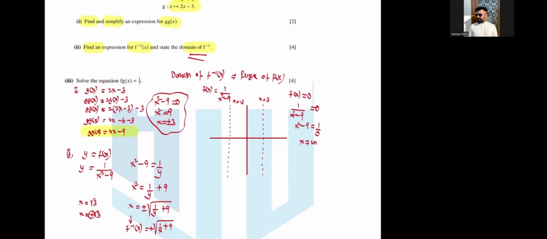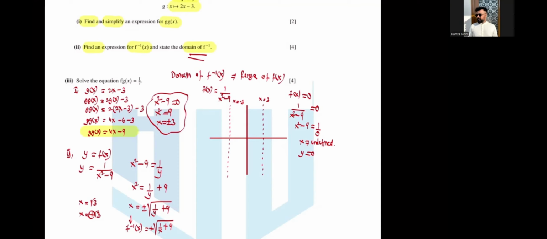So x is undefined because you set the output of the function equal to 0, meaning y is equal to 0, as we are sketching the graph of y equals f(x). This means the x-axis is the horizontal asymptote. The line y equals 0 is the horizontal asymptote here.